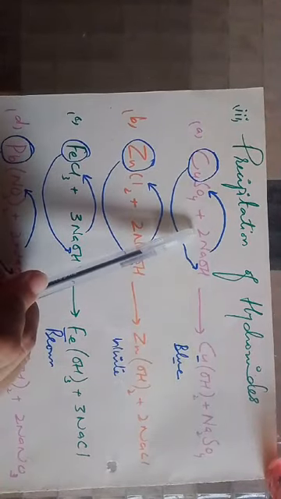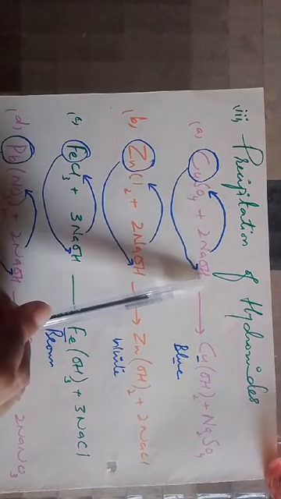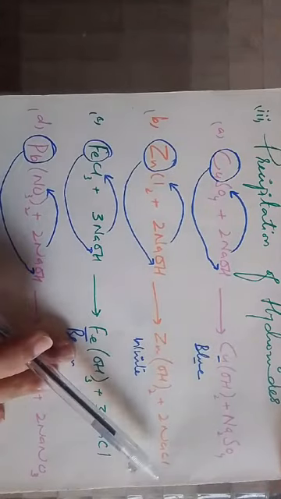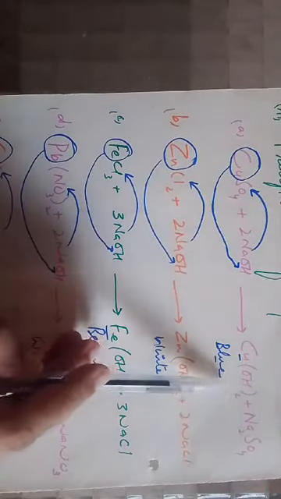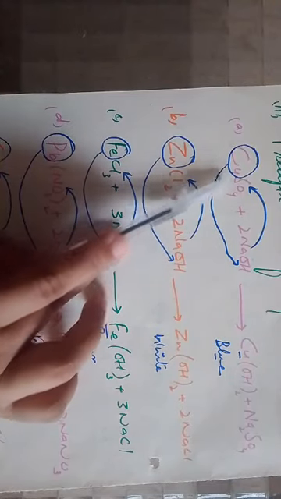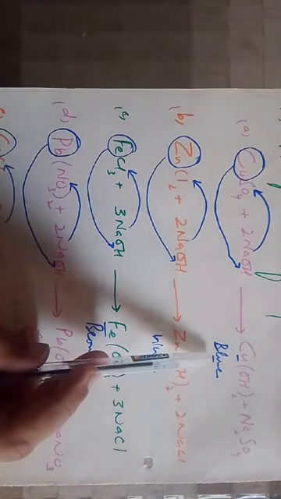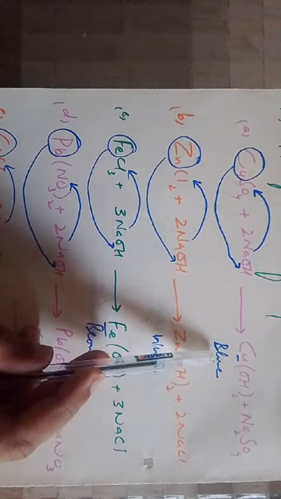Here is the 2, Na2 and SO4, Cu(OH)2, and this 2 is basically this 2. In this way it forms Cu(OH)2. And the precipitate which is formed is blue in color.